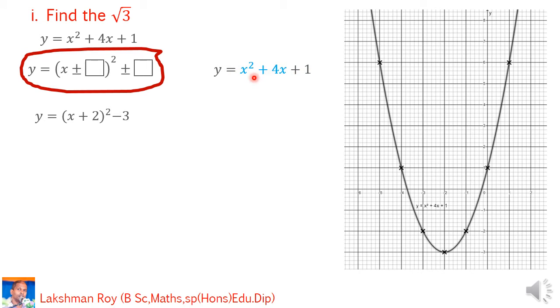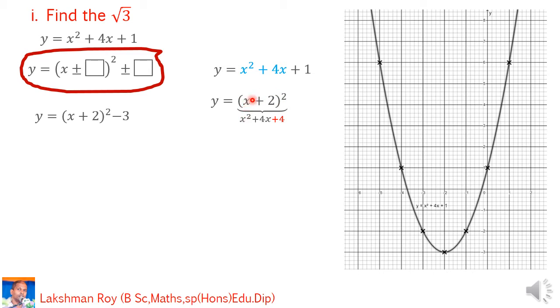So I consider the x square plus 4x part only. What is the method? Take the coefficient of x, the number in front of x, that is 4. Always divide by 2. 4 divided by 2 is 2. Now you can write a square: x plus this number divided by 2, that is x plus 2 squared. What happens if you expand x plus 2 squared?